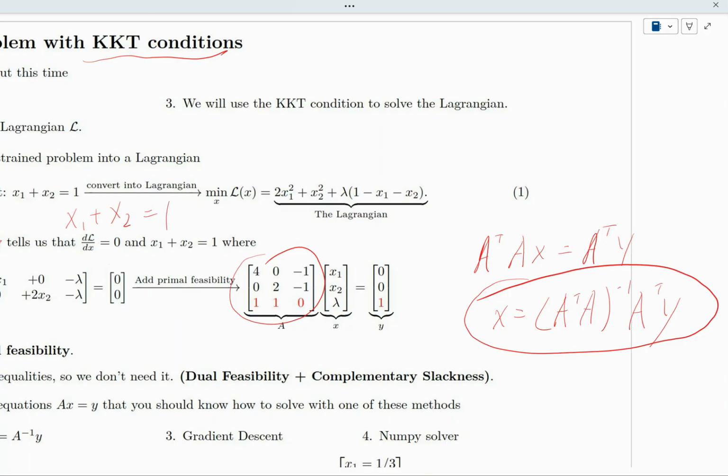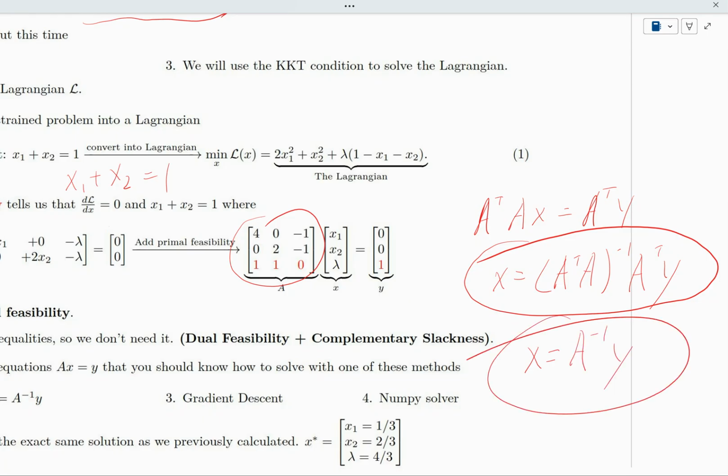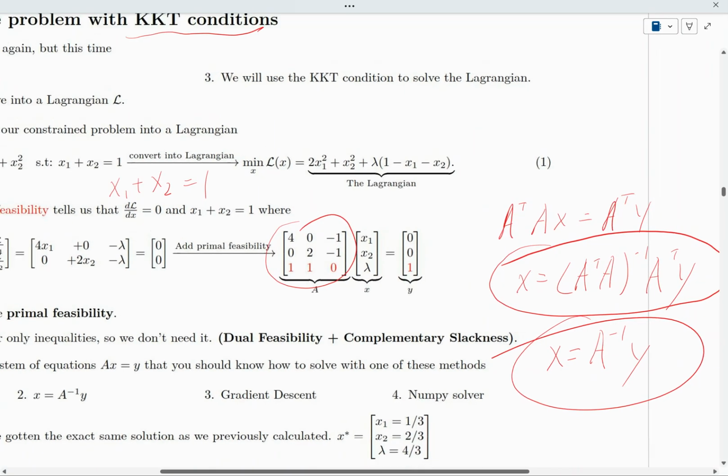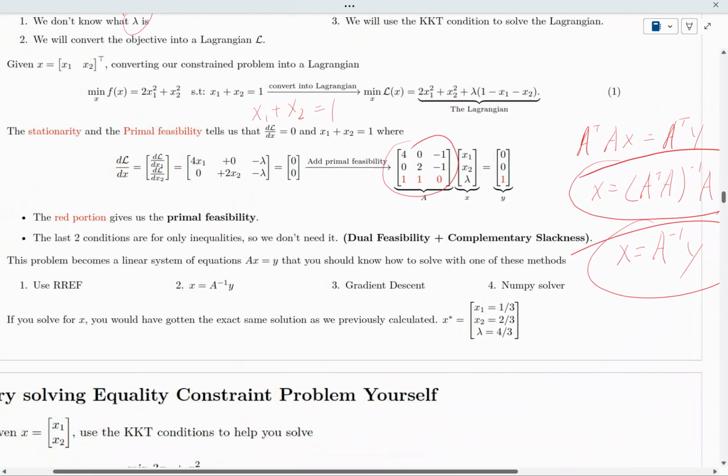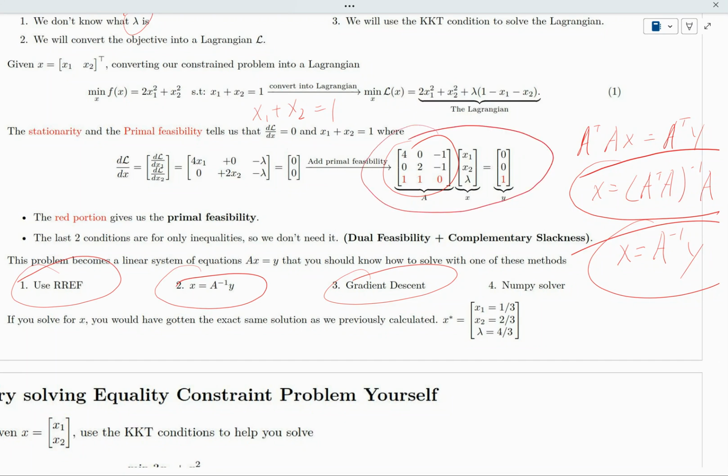But if A is invertible, then that's even easier. Then x is simply equal to A inverse y. You can also solve this with, I guess, gradient descent. There's another approach you probably learned called the REF in linear algebra. So you can solve this many ways. And once you solve this, then the problem is solved.